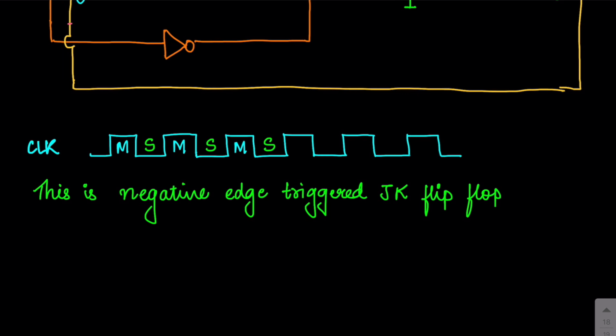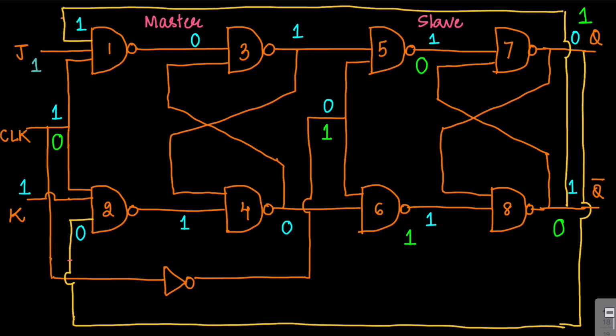Hence, whenever the clock is high, the master is responding, and whenever the clock is low, the slave is responding because the slave is getting the inverted clock. And hence we have marked M, S, M, S just to denote when the master is responding and when the slave is responding.